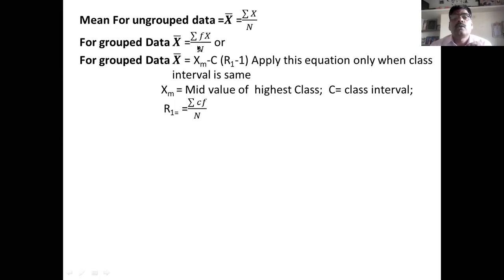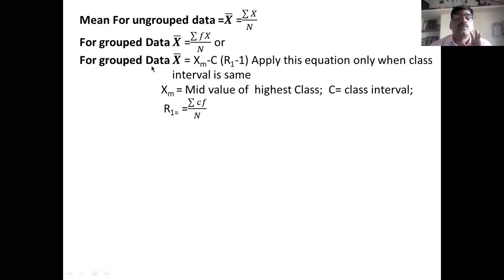Then second is grouped data. Grouped data means frequency is given. If the frequency is given, then you multiply the value of x and f: fx divided by n. If a continuous series is there, you have to calculate mid-x and then solve the problem.